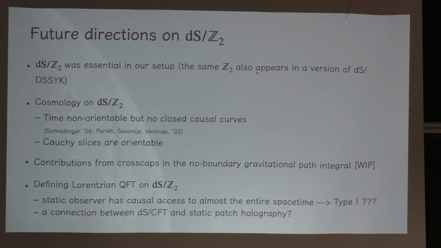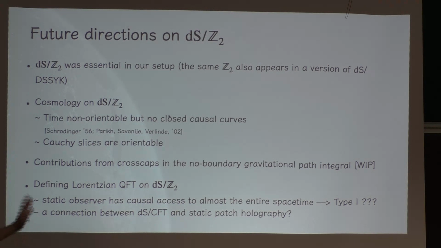Actually, people have done something on that. Schrödinger in 1956 and some people in the 2000s started studying some classical properties of this kind of spacetime. And just as I mentioned, this dS over Z2 is not time orientable, so it seems that it's not a good spacetime to work with.